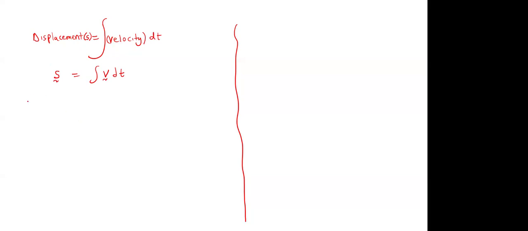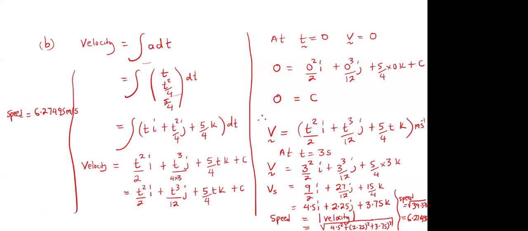Now, we remember that our velocity initially from our previous number, we had remained with 4.5i. You must use the velocity at any time before you substitute your time. So we are going to use the first one. This is the velocity at any time.